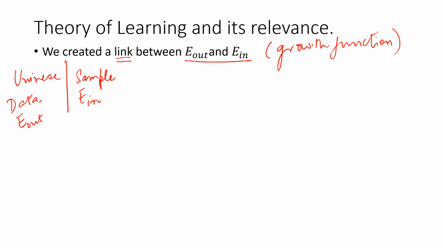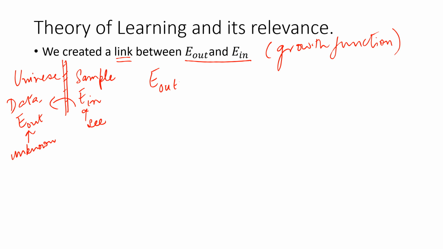This is something that I can see, and that is unknown to me. My theory helped me see through this, and with its help I was able to establish this link.